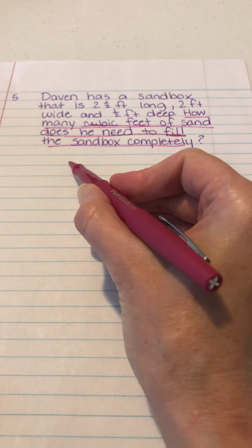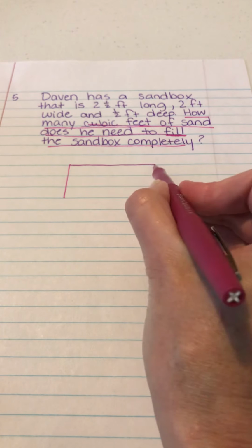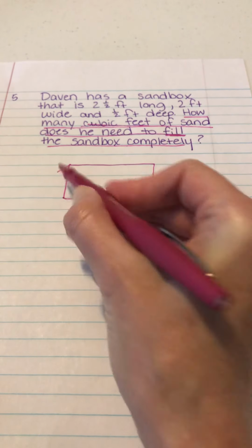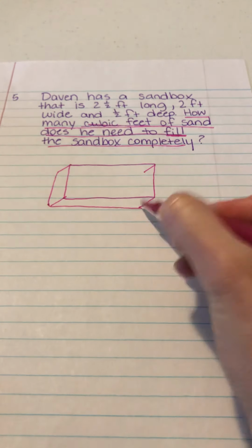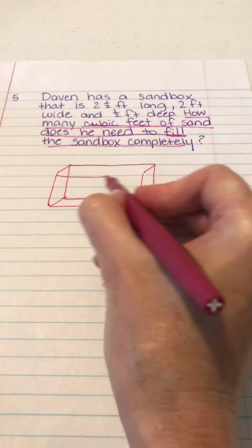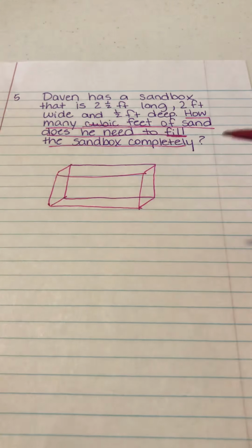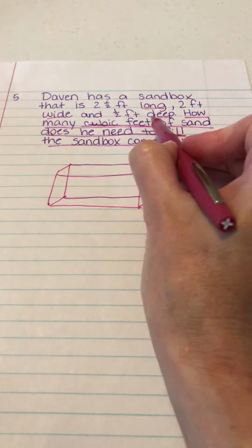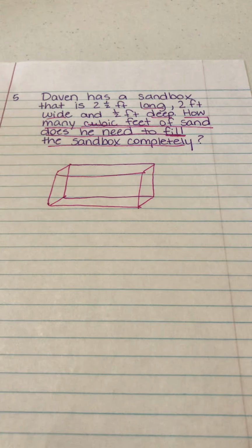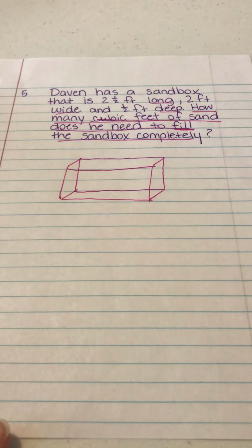It might be helpful to draw a quick little diagram. While this might be a weird shaped sandbox, it's the easiest. It's still a rectangular prism because we've been given the length, the width, and the depth. So even if it doesn't look like a sandbox, that's okay. It's just serving its purpose as a model.